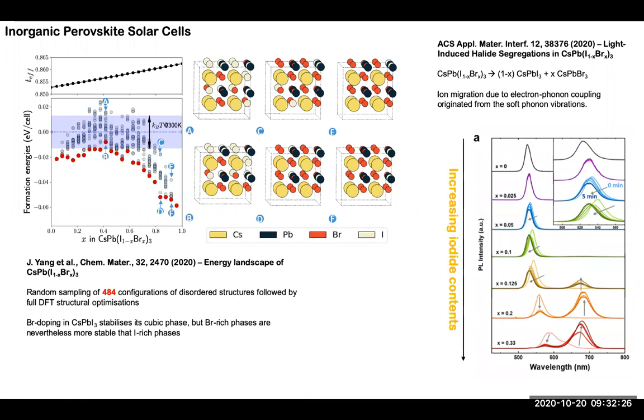Yep. And so my question is, when you're doping a pure system and then you get a broader peak, can this help the energy conversion in the solar cell? I mean, is it a good effect, or is it a negative effect?